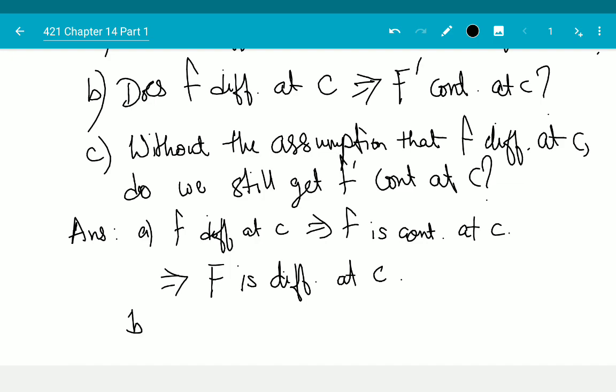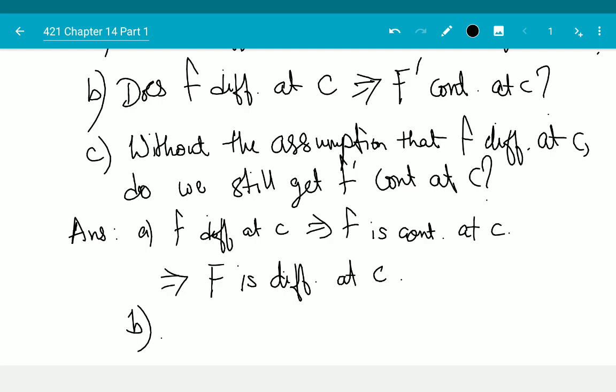Okay, let's try to do B also. Does small f differentiable at c imply that f prime is continuous at c? Well, now capital F prime is going to be exactly small f of x, right?